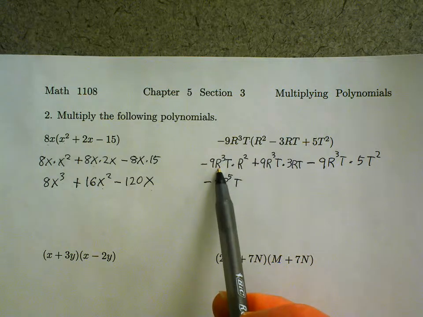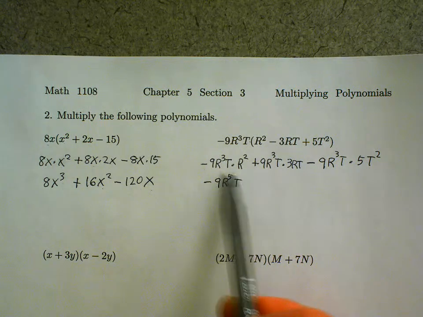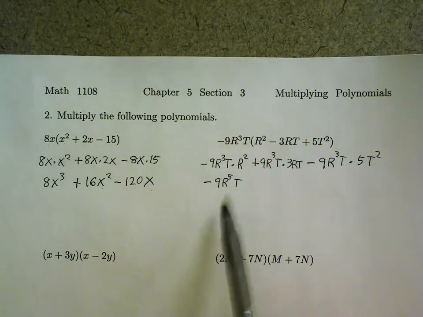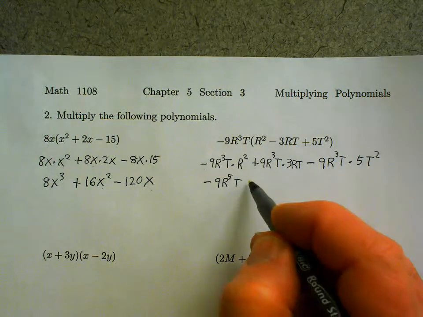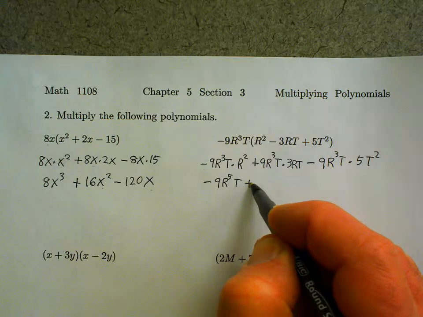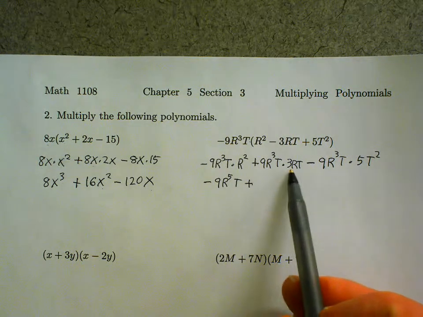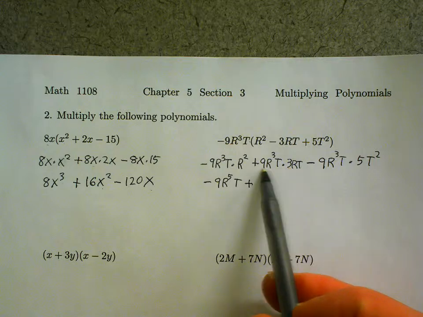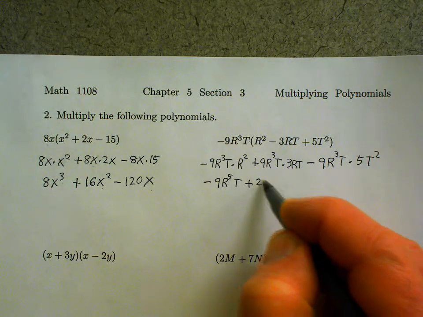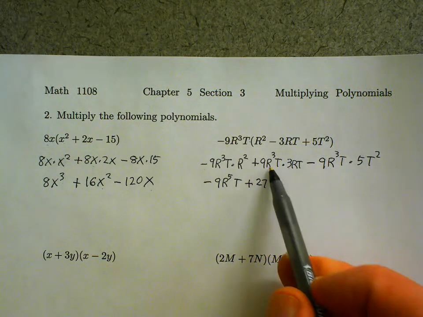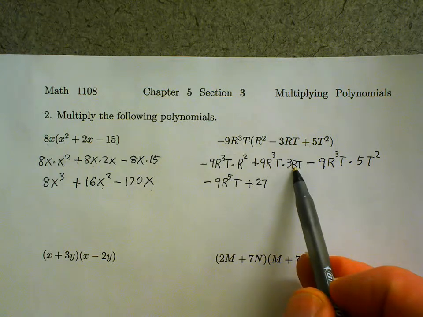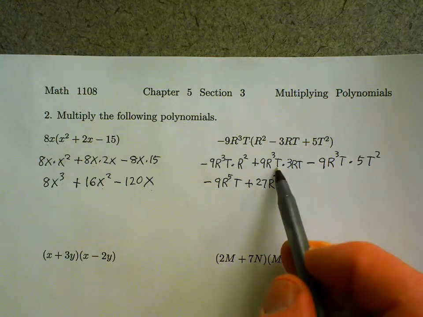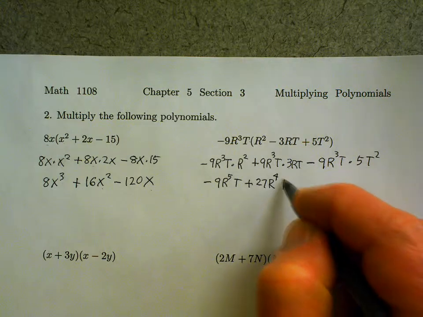And that's because r to the third times r to the second is r to the 3 plus 2, or r to the fifth. Okay, then the next term, first we multiply the constant factors. 3 times 9 is 27. R to the third times r to the first is r to the fourth. And t times t is t to the second.